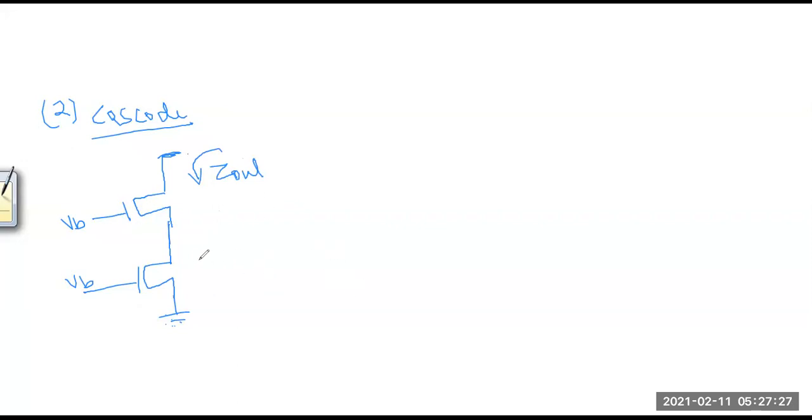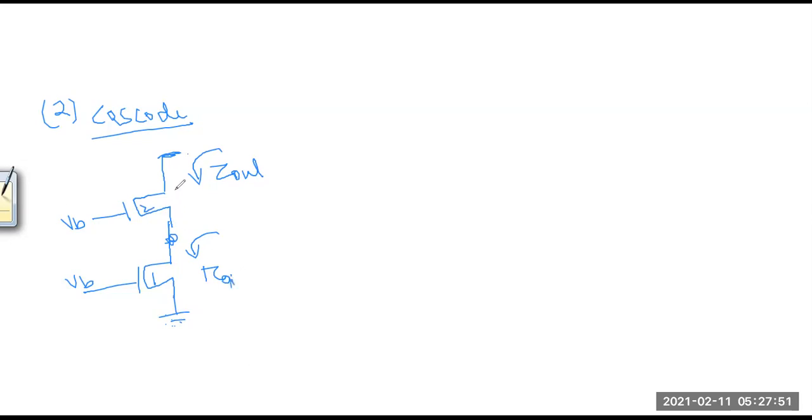See, from here, what is the output impedance? Now suppose this is one transistor, this is two transistor, so this is R01.